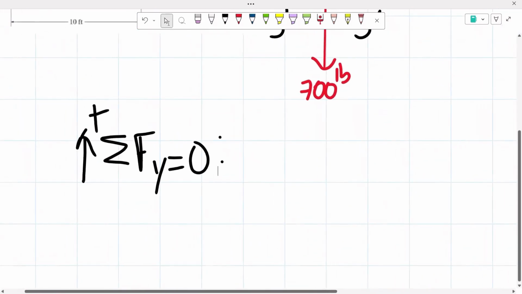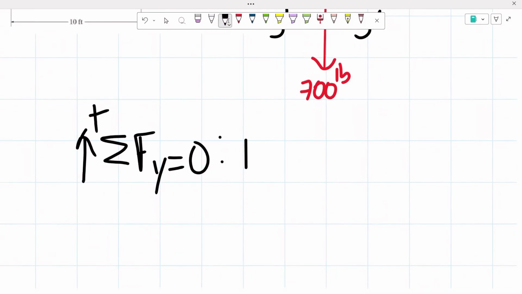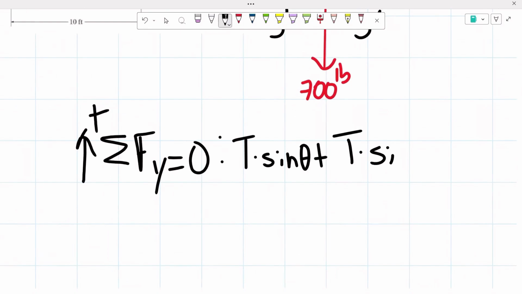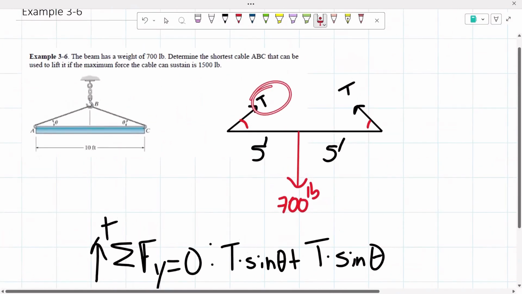Since we're doing the vertical component, we're going to write T times sine of theta, since we're writing out our vertical components, plus another T times sine of theta, because remember, there are two T's right here. We have both cables in tension.